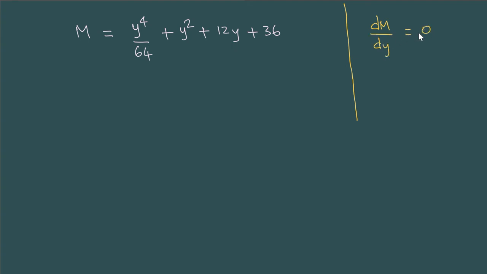If I get the slope and equate it to 0, I'll get a few values for y, and one of those values should correspond to the minimum. Provided the second order derivative, d2M by dy square, has to be greater than 0. This is the check for minimum.